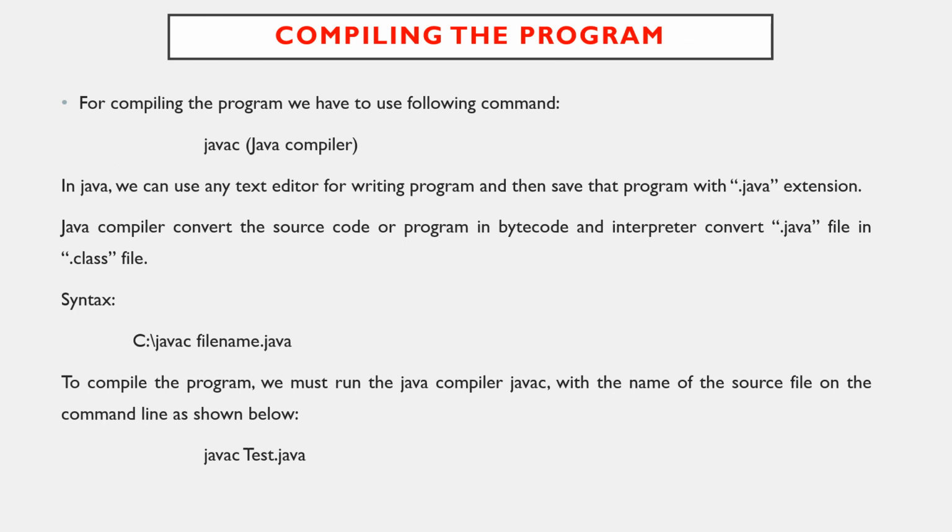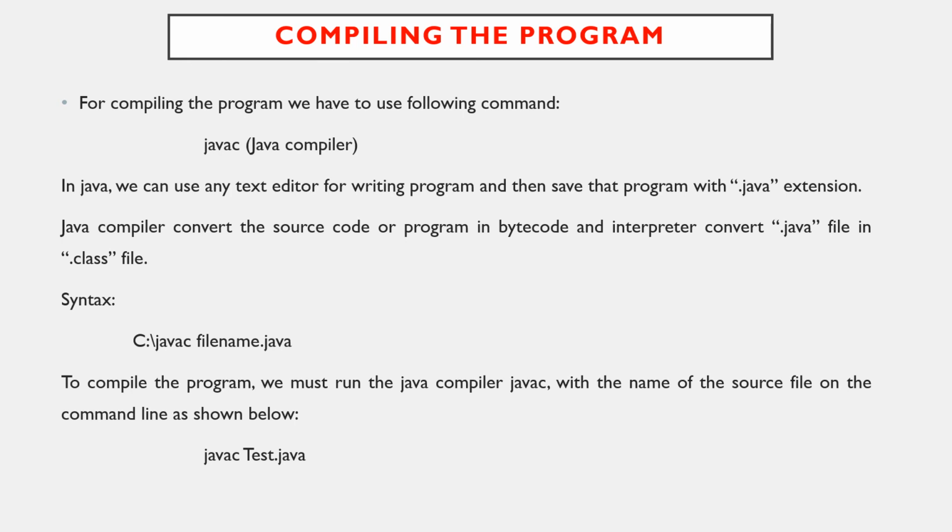The second step is compiling the program. For compiling, we have to use the javac command, that means the Java compiler. We can use any text editor for writing a Java program, then save the program with the .java extension.